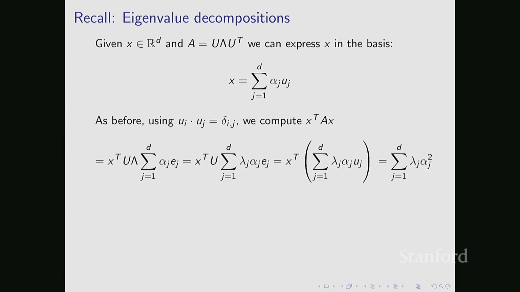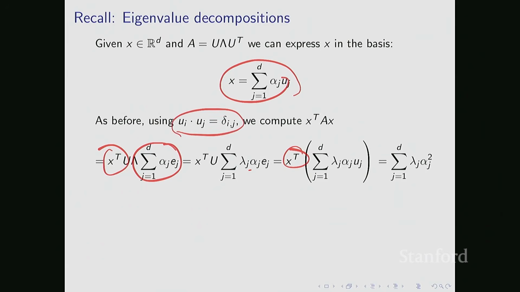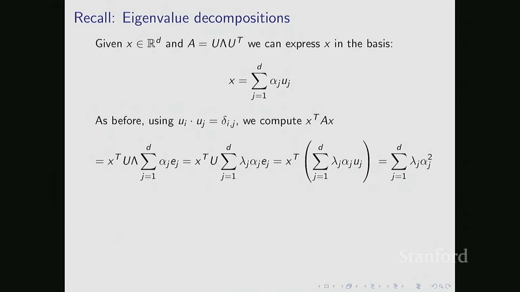Just to make sure it's clear, all I've done here is take x and plug it in in two spots. I use the fact that when I multiply u in either direction times the u, I get out this nice equality to get the e_i's and the e_j's. I use the fact that e_j times the matrix is lambda j, and indeed I get out this nice beautiful form here, which has many fewer free parameters than my original a's and all the rest. Just very few parameters in general. Okay, cool.